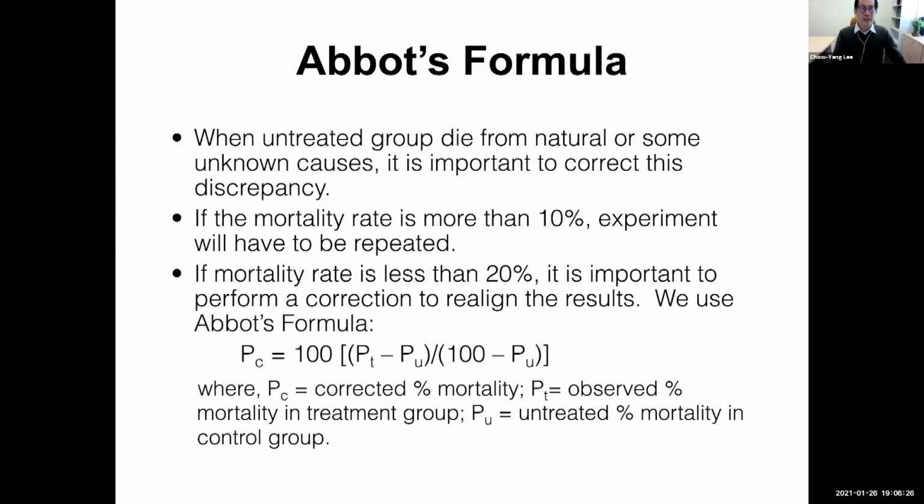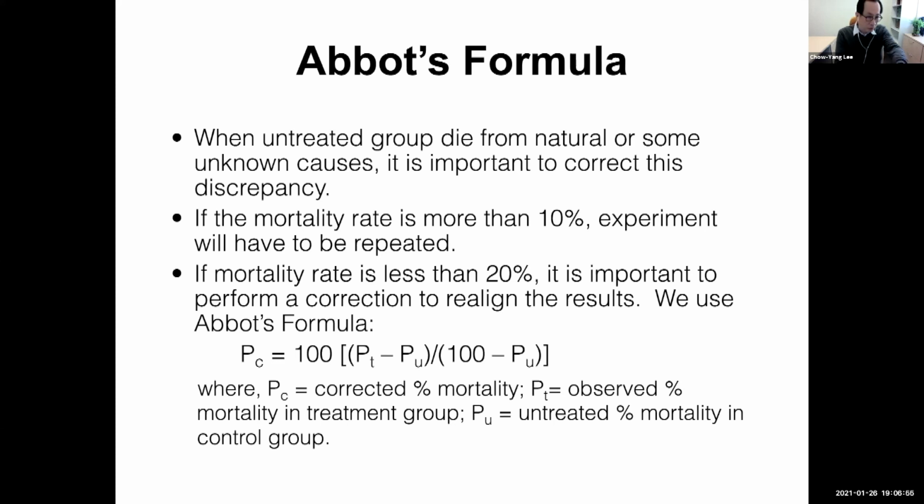Sometimes, in your untreated group, you actually see mortality. So what do you do with that? Generally, if the mortality rate is below 10%, that's fine. You can use Abbott's formula to do the correction. So it has to be below 10%. But if it's more than 10%, you then repeat the entire experiment.